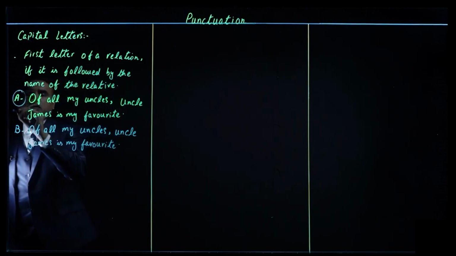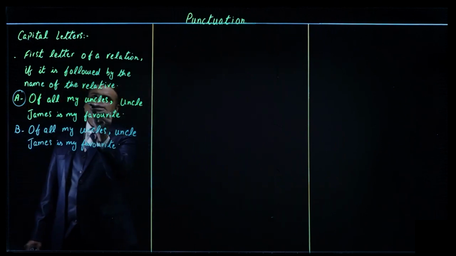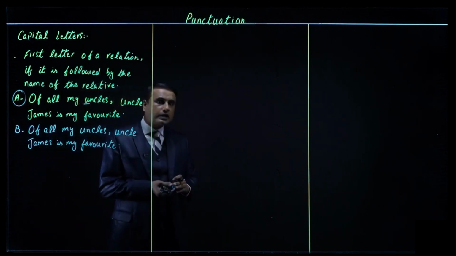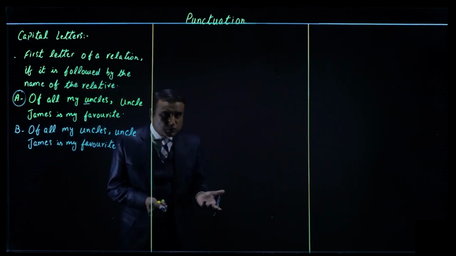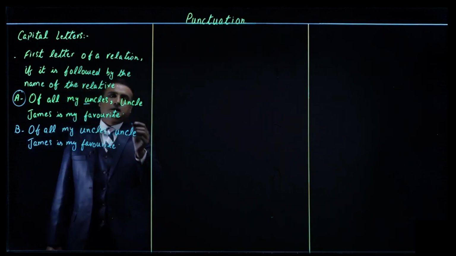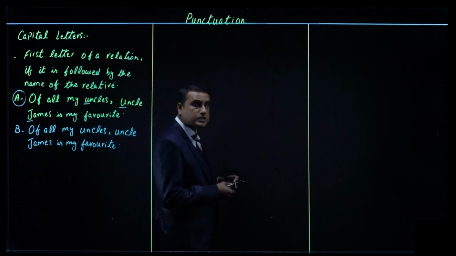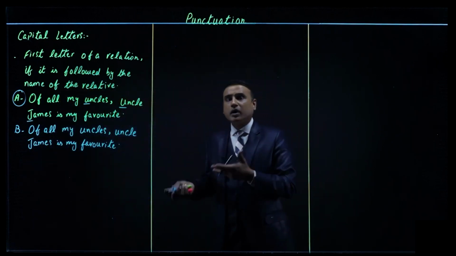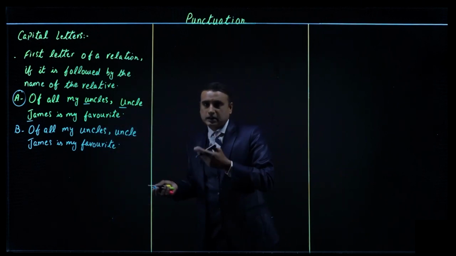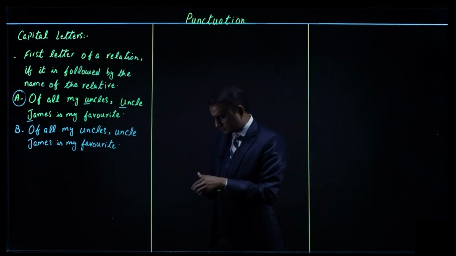Here we'll choose option alpha. Why? Here the first letter of uncles will remain a small letter, because it is not followed by the name of the relative. But here we will use capital U because the uncle is followed by the name of that uncle, that is Uncle James. तो ये आपने थोड़ा सा ख्याल रखना है.